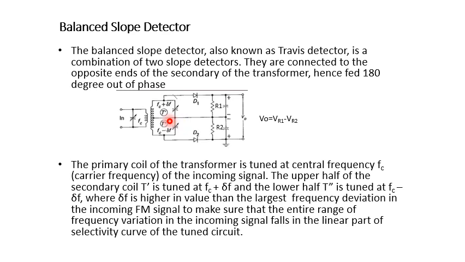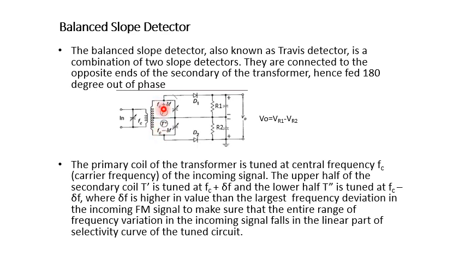Now the important point is that the circuit T dash is tuned at frequency Fc plus delta F. This is the resonant frequency, and the lower circuit or the circuit T double dash is tuned at frequency Fc minus delta F, where Fc is the resonant frequency.